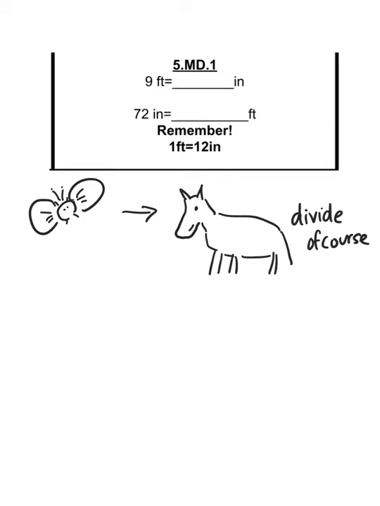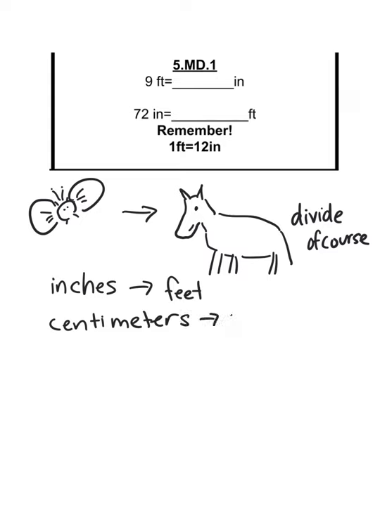meaning if you have a smaller unit of measurement, for example, if you're converting inches to feet, you would divide in order to calculate that. Inches to feet. Maybe you want to convert centimeters to meters.